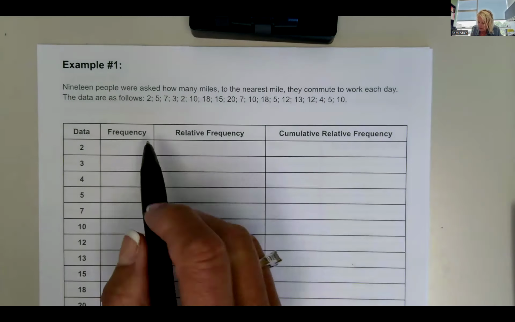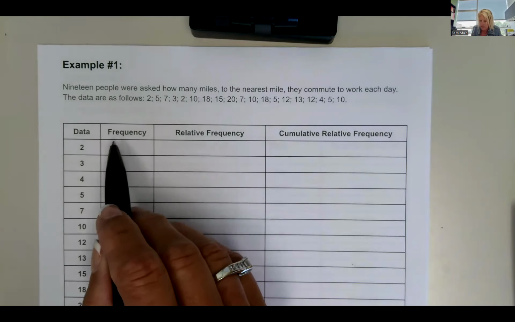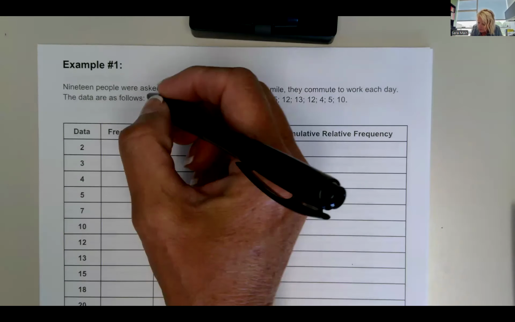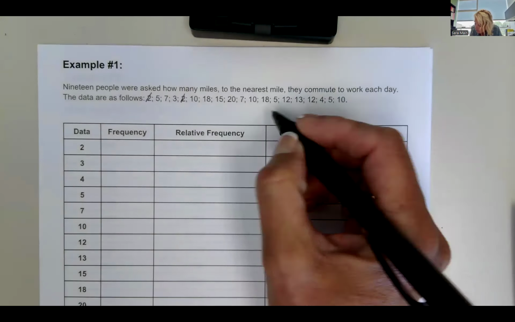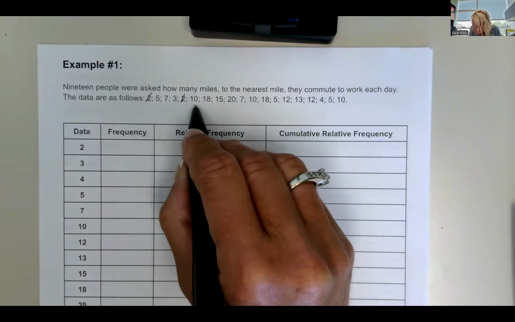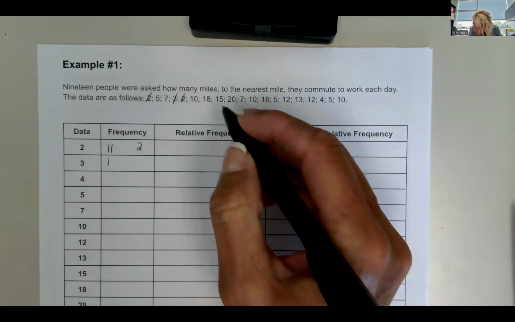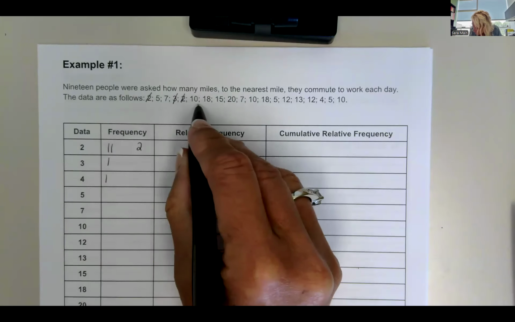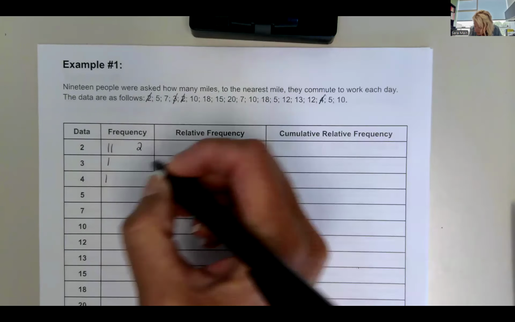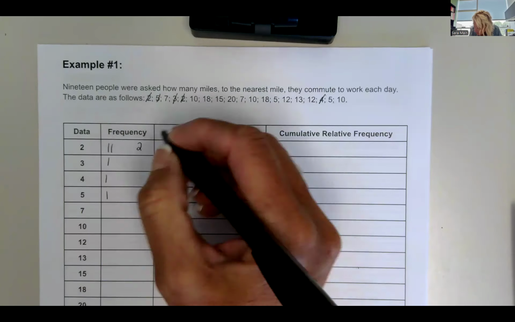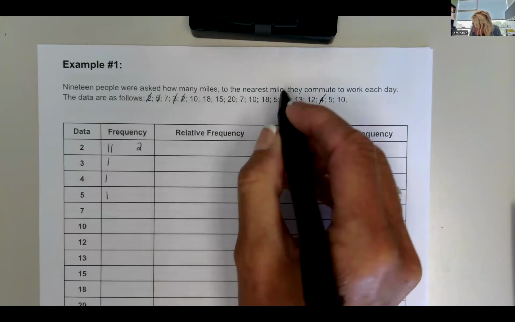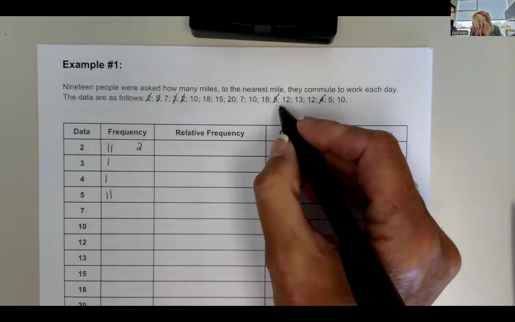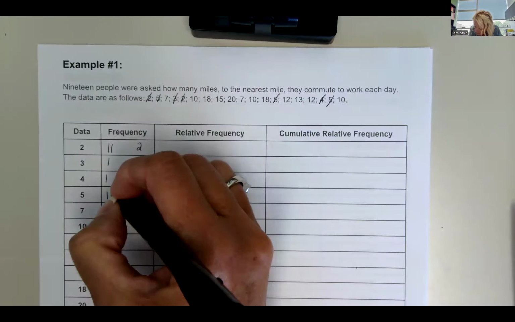I'm going to mark a frequency of the number of people that marked 2 miles. So there's 1, 2. And then 3, there's 1. And then 4. And then 5, there's 1, another 1, and another 1.